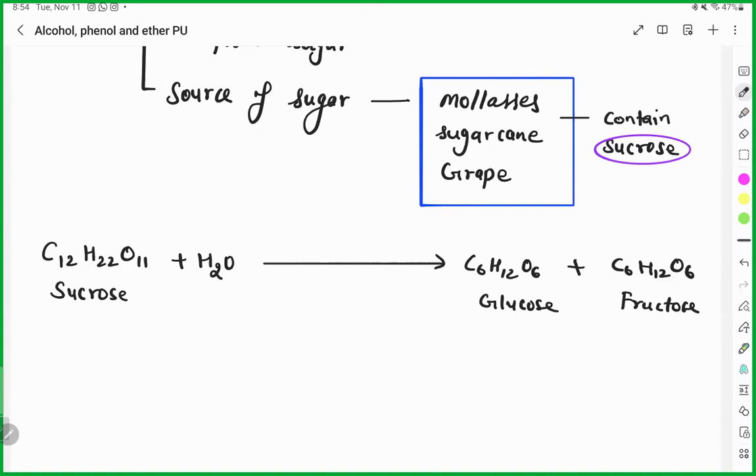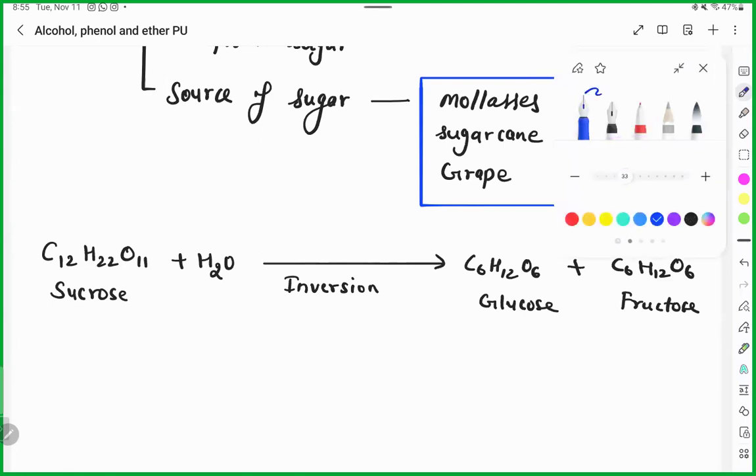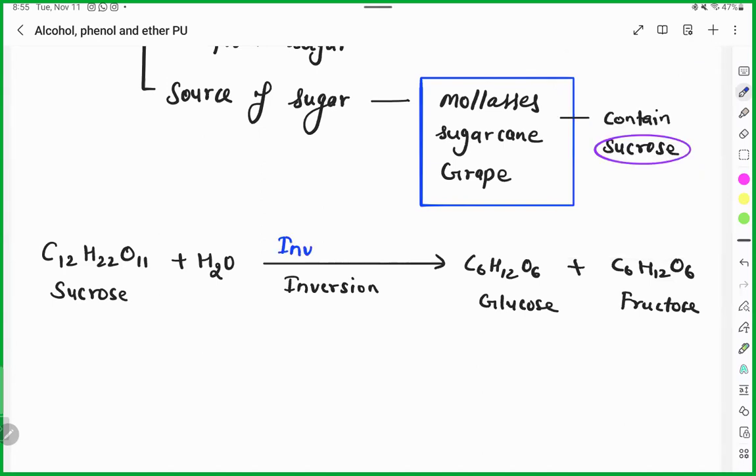So it is an inversion. You will have inversion from dextrorotatory sucrose to levorotatory glucose and fructose. The enzyme involved in the inversion process is the invertase enzyme. Makes sense?